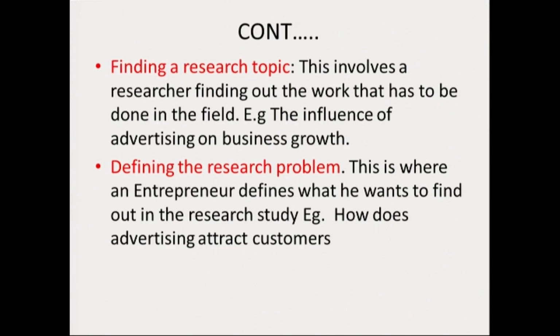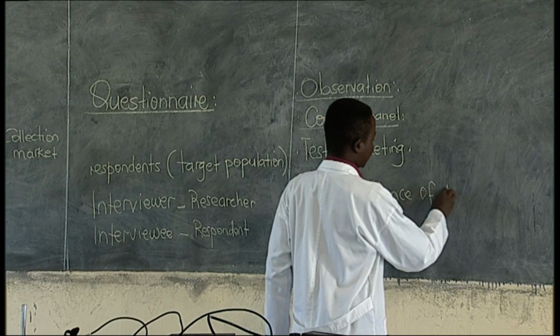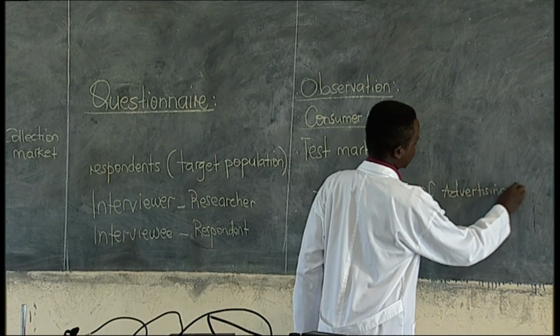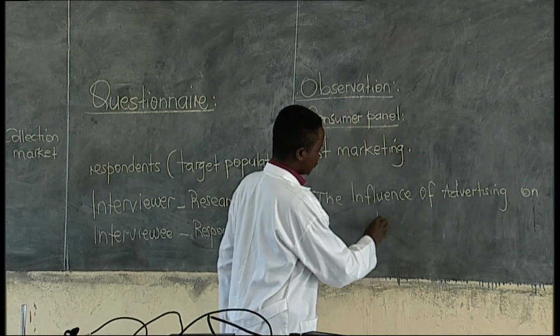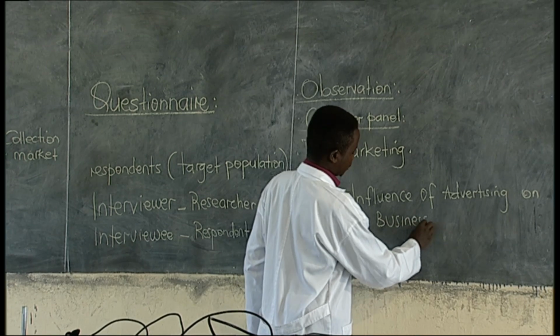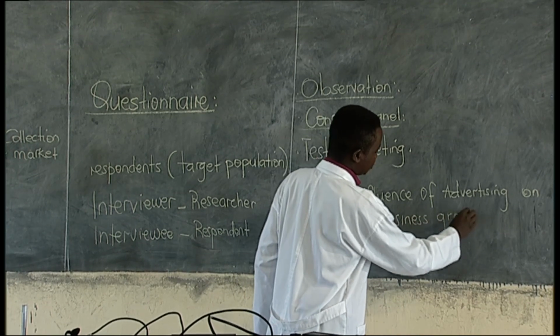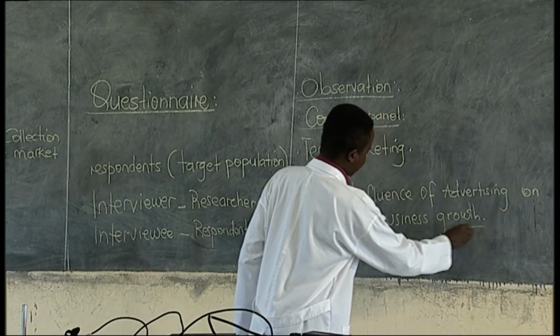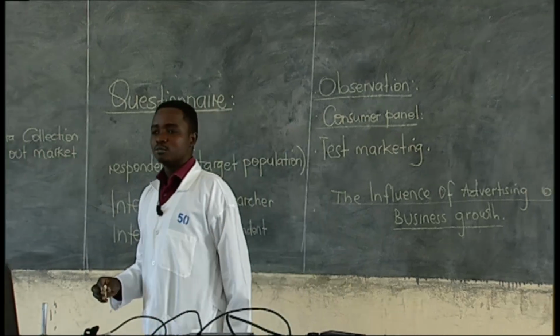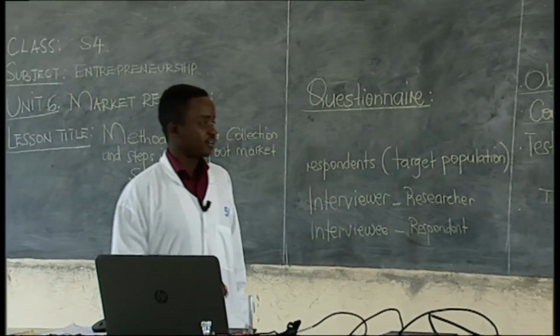The influence of advertising on business growth. So in research, the topic must have two important things, what we call the dependent variable and an independent variable.